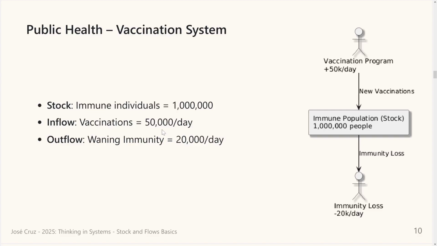So public health, vaccination, is the same. The stock will be the people that are immune. That's what we want to control. We want to increase the stock's amount, so we start the vaccination program. But of course, along the time that we are vaccinating, there are people that will start to lose immunity.